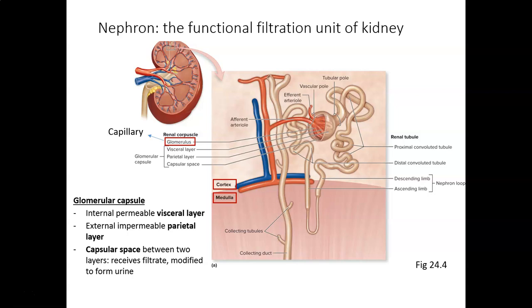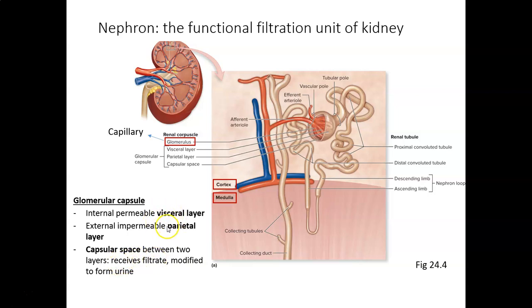It also keeps a lot of the big proteins inside. So the filtrate generated by pushing through the filter, the permeable visceral layer, gets into the capsular space. That's the cavity that receives the filtrate.